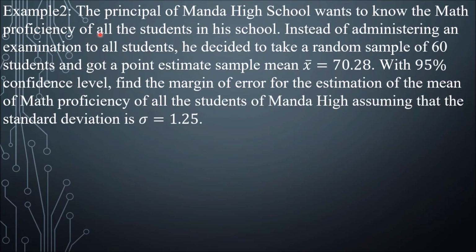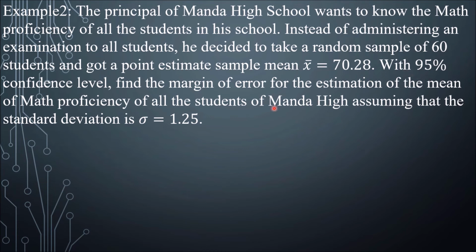Example number 2. The principal of Manda High School wants to know the math proficiency of all the students in his school. Instead of administering an examination to all students, he decided to take a random sample of 60 students and got a point estimate sample mean, which is equal to 70.28.